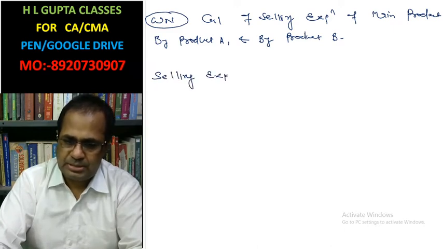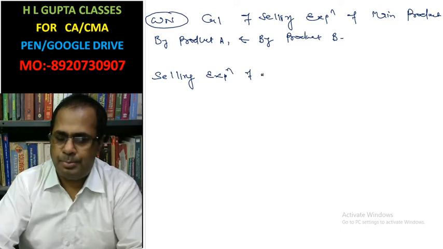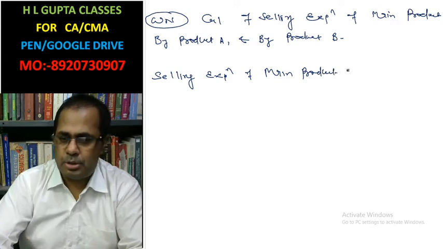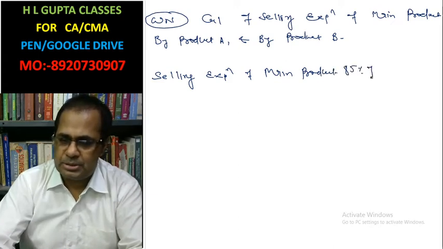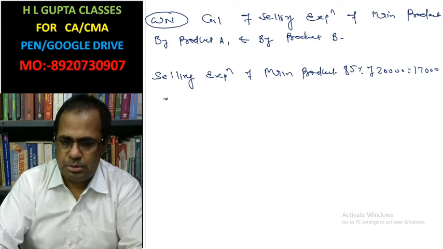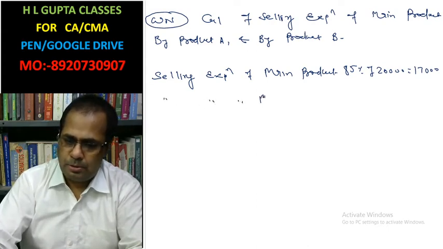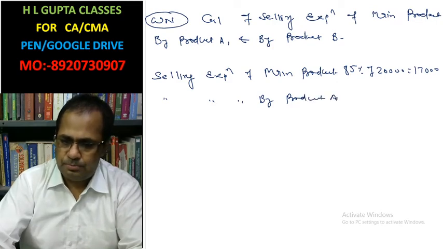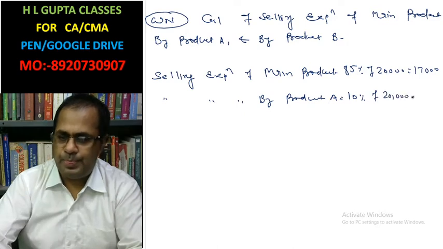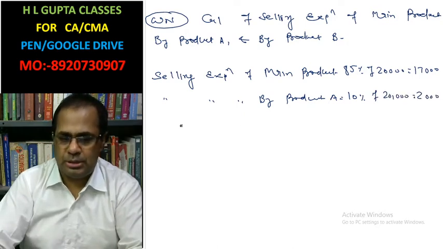Selling expenses of main product, 85% of 20,000, is 17,000. Byproduct A, 10% of 20,000, is 2,000.